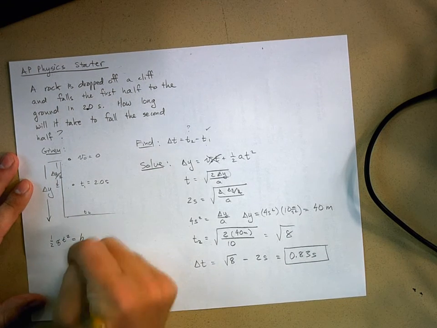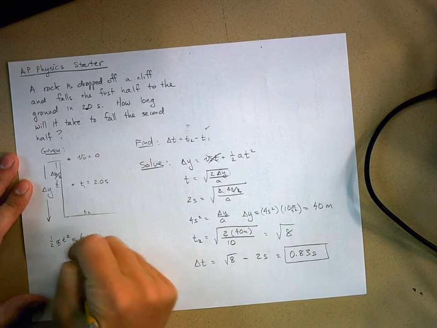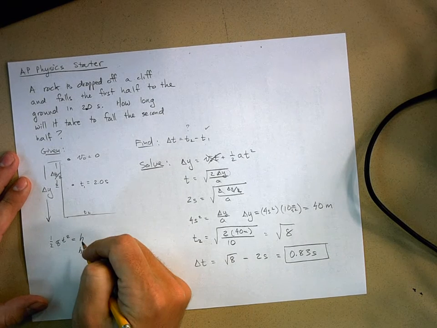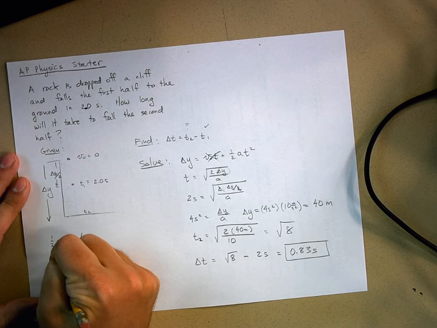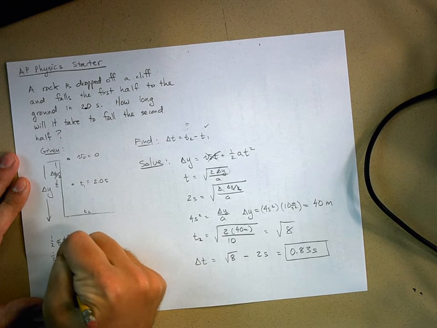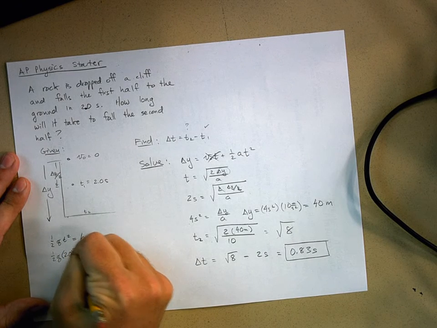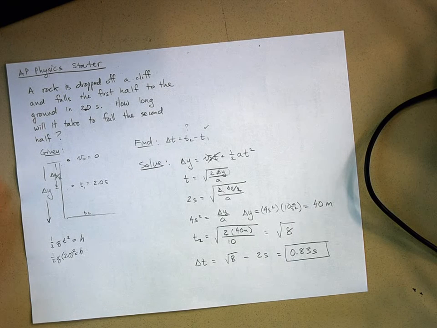So from here we can get... Are you using the g right there? That's gravity. Acceleration due to gravity. So we're done. That's the first part.